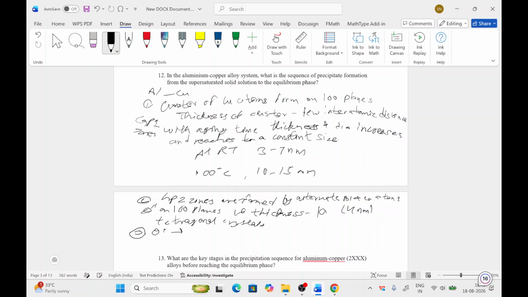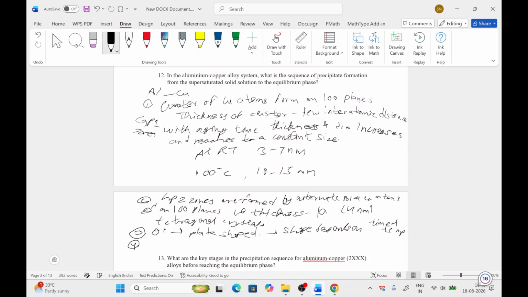This theta prime is plate shaped, and the shape of the plate depends on aging temperature and time.